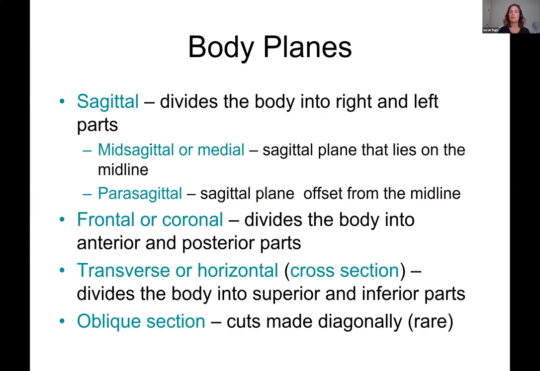The very first one is called a sagittal plane. Sagittal means we're going to cut the body into a right and a left. It would be like taking a knife right down the middle of your face into a right half and a left half. We can actually have different kinds of sagittal planes. If you do it right down the middle, we call that mid-sagittal or medial, okay?